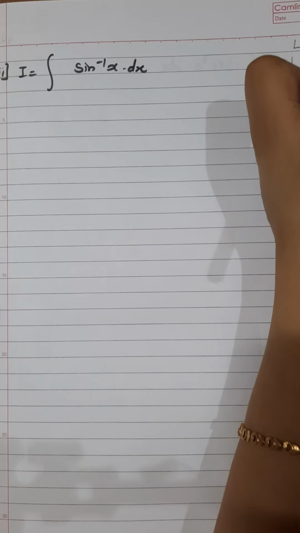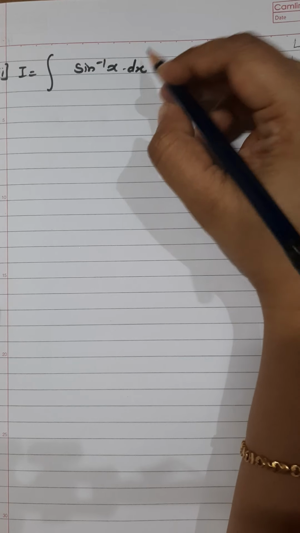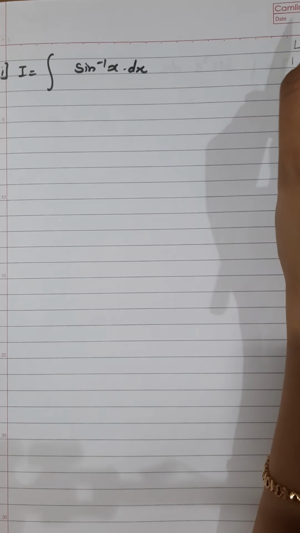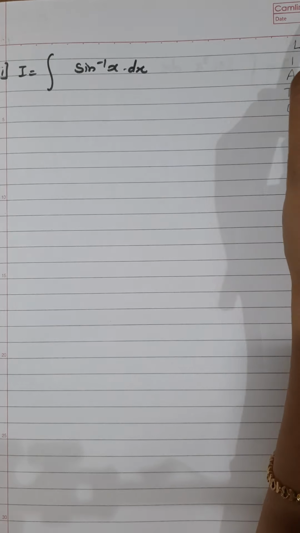So what we will do is, we know the LIATE rule. This comes under inverse trigonometric, so we will choose this as the first function. Now here is the knack, what is the second function we are going to choose.